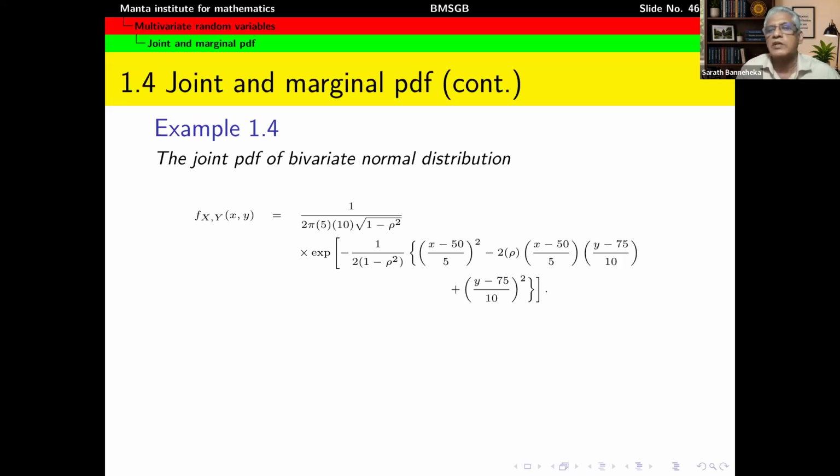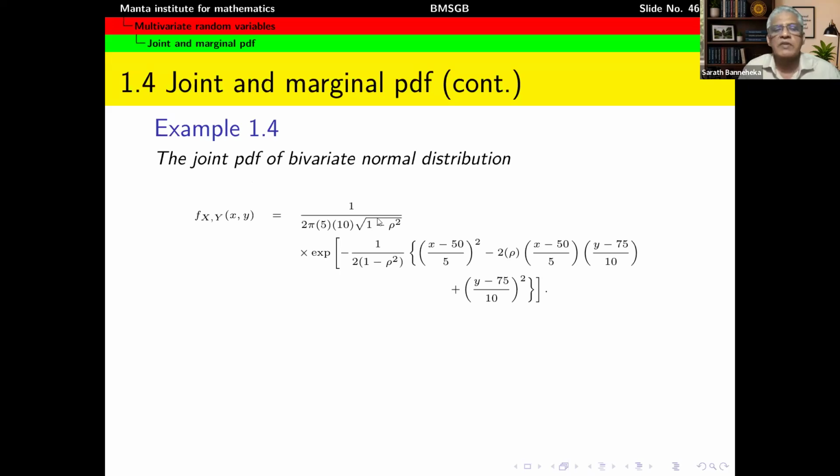But I have left the value of rho as a parameter because I want to see how the joint density function changes when rho is changed, keeping other parameters fixed, right?